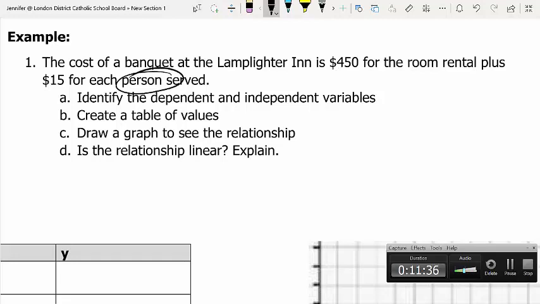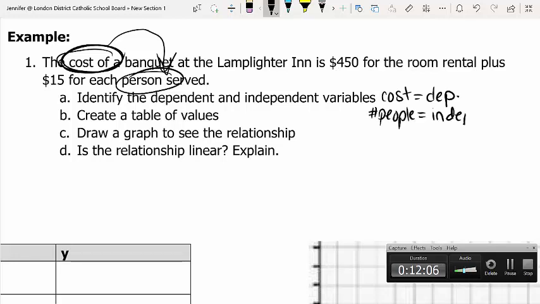We don't know if one person is going to go to the banquet or if 100 people are. The other thing that we don't know is the total cost. So which one depends on which? Hopefully you notice that the cost depends on the person. So the cost must be the dependent variable, and the number of people must be the independent variable.